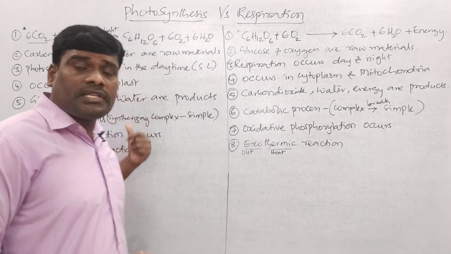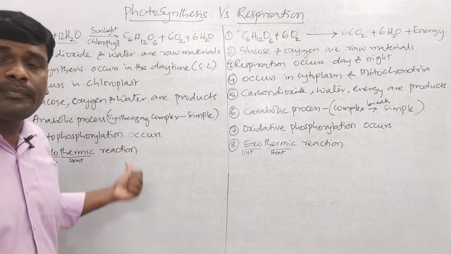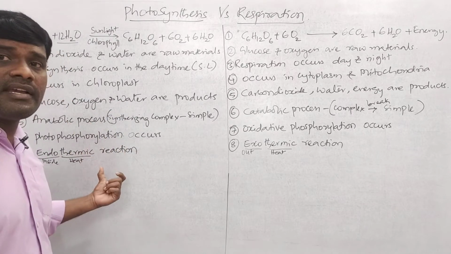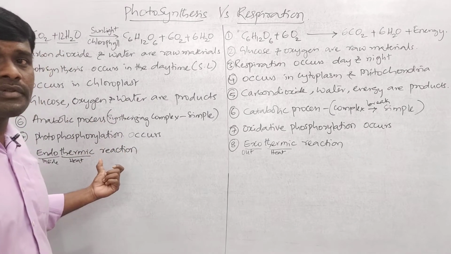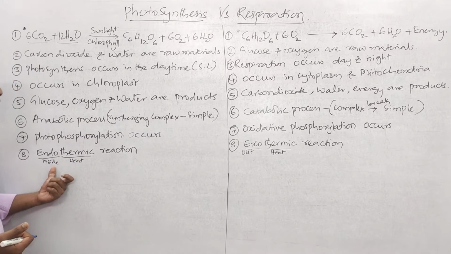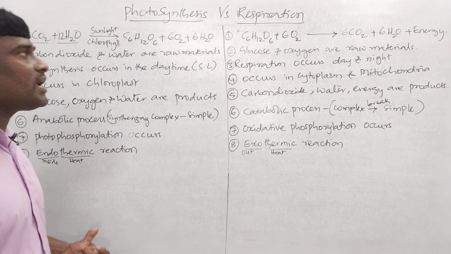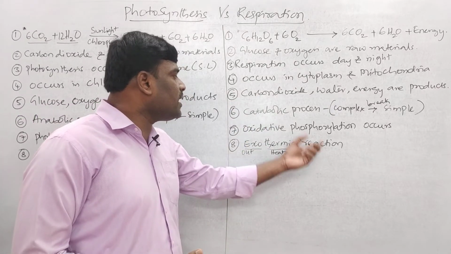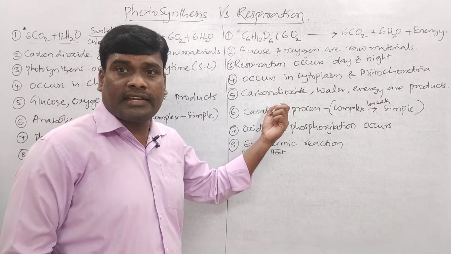Okay, so photosynthesis is an endothermic reaction because here the light is absorbed, heat is absorbed here. Sunlight, as you know, gives warmth also, so it absorbs the heat. So that's why photosynthesis process we call it as endothermic reaction, and exothermic reaction is nothing but just releasing the heat.